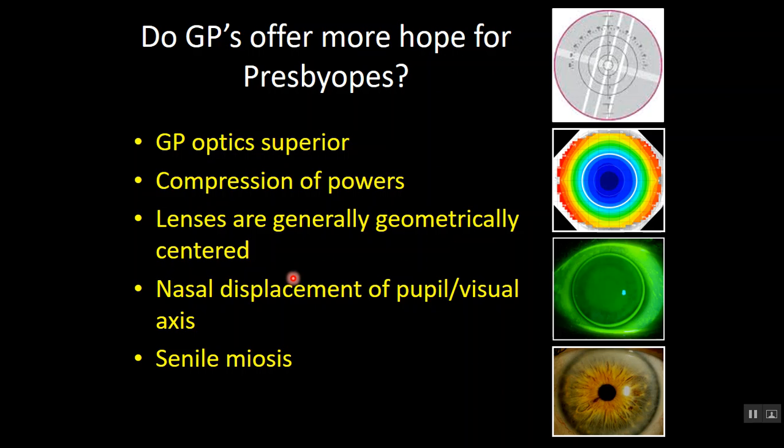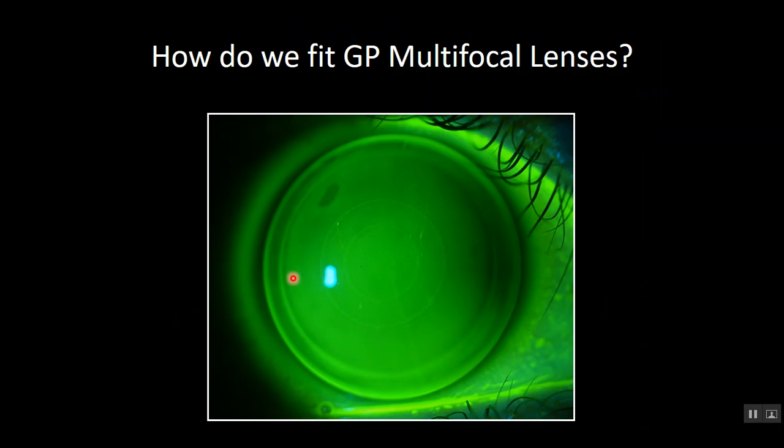GP lenses do tend to center more geometrically as opposed to more temporally. And this nasal displacement and slightly superior of the pupil and visual axis may also work against the GP lens. Similarly, the senile miosis is a challenge to GPs and soft alike.